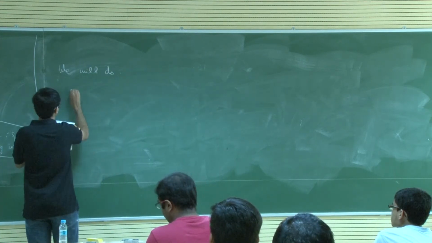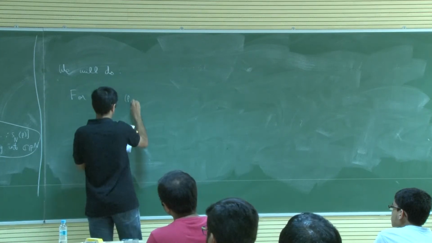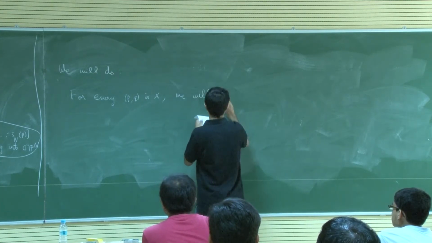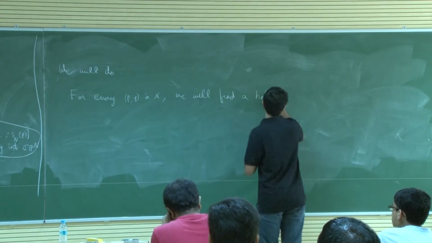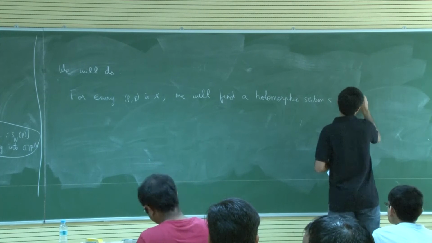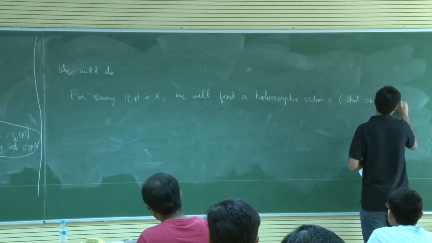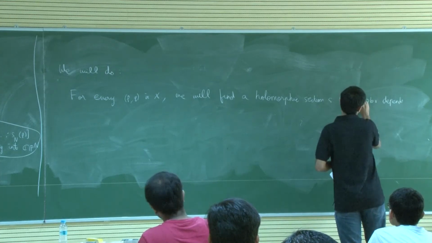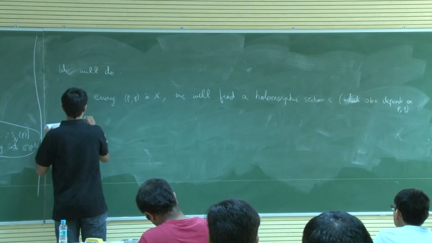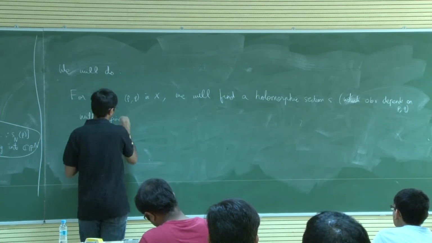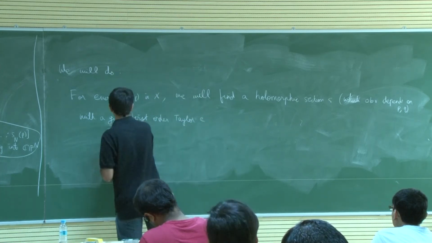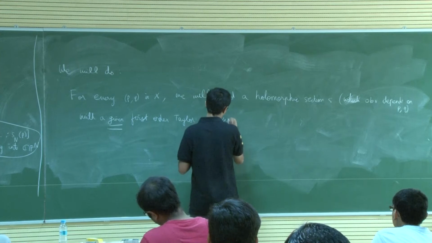For every pair of points P and Q in X, we will find a holomorphic section S, which obviously depends on P and Q, with a given first order Taylor expansion at P and Q.